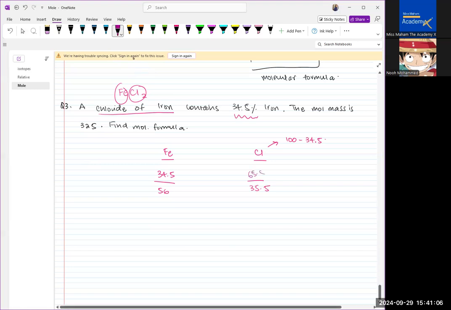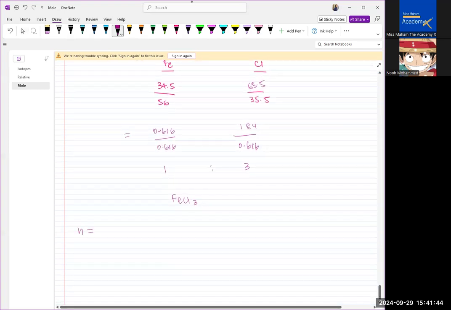Just going to complete this. And for n, you need the empirical formula mass, that is 56 plus 35.5 into 3, which gives us 106.5.